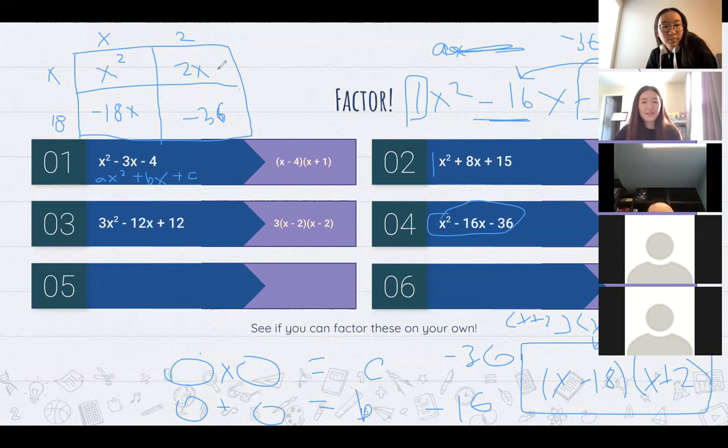Okay, so to make the sign thing easier, how about you just always put the positive version so that it's less confusing. So here, this 18 is next to negative 18x, right? This 18 is closest to this box, so that's why you put negative in front of it. Okay.